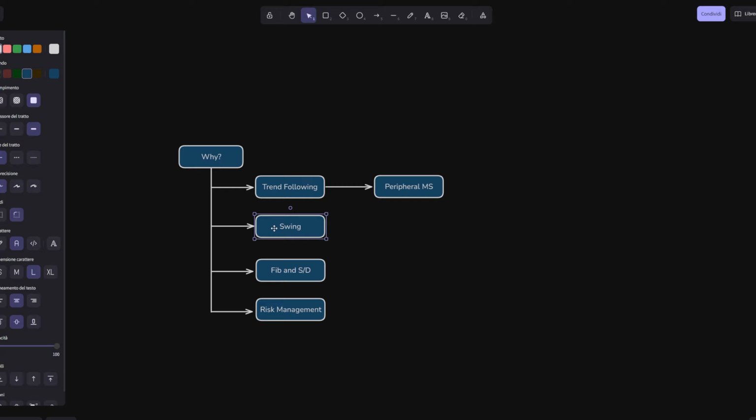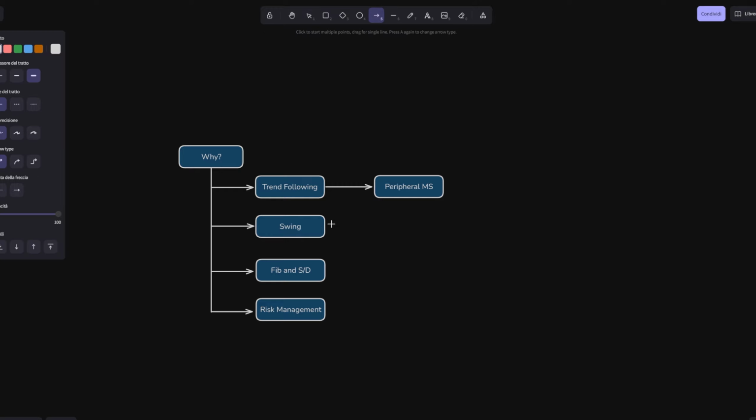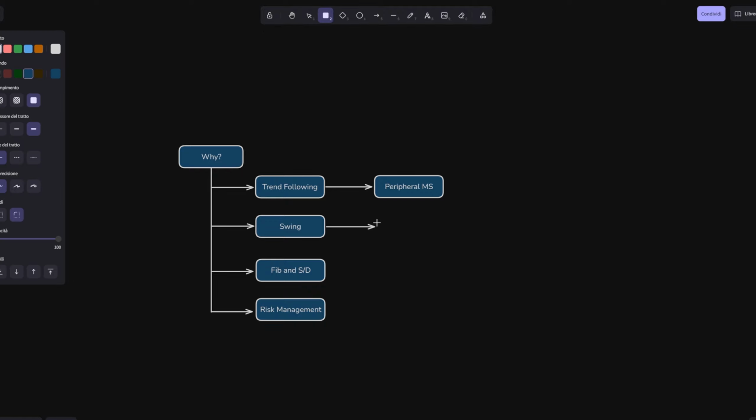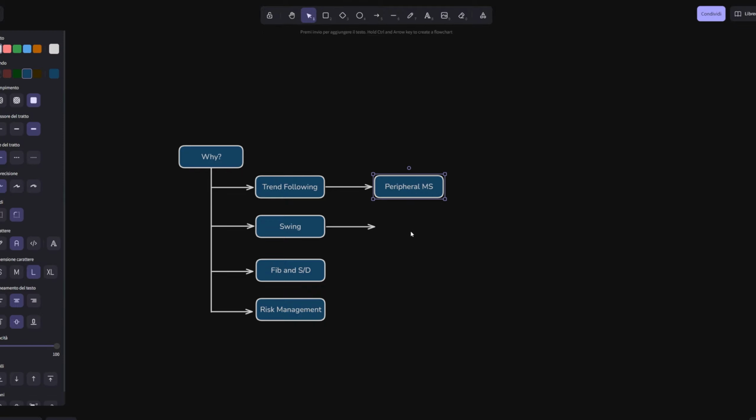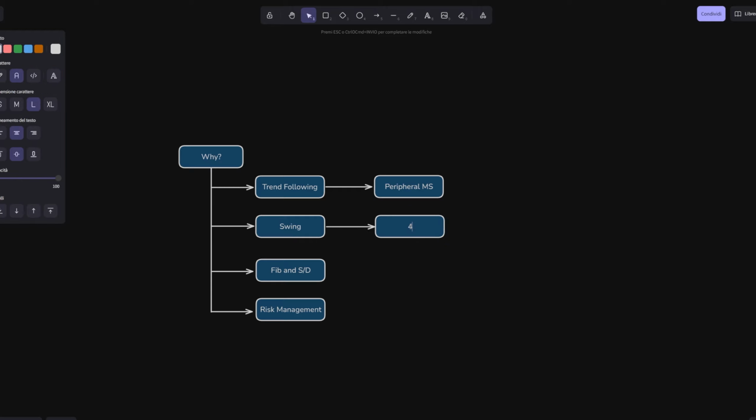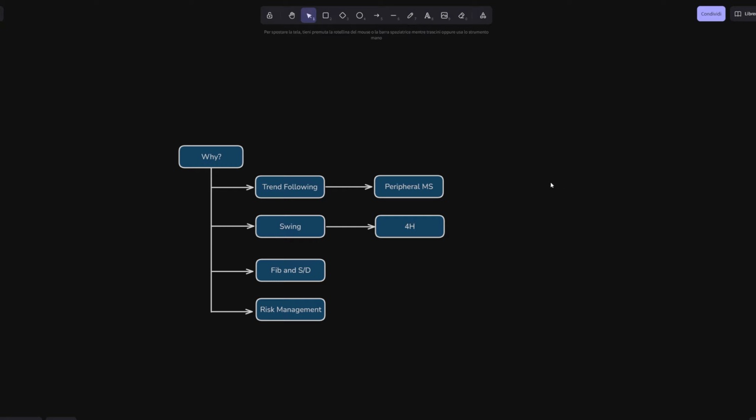The other thing we are going to establish is the time frame we will use. I found that if I stick to only one time frame at a time, I have a better edge, because there is not a lot of distraction and complexity. I want this strategy to be simple, so I will stick to the 4-hour chart.